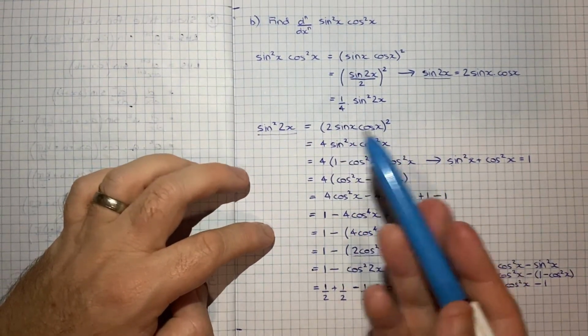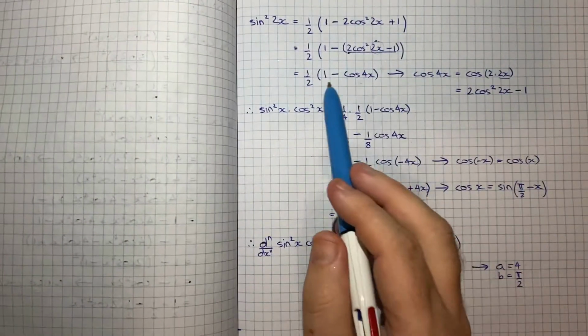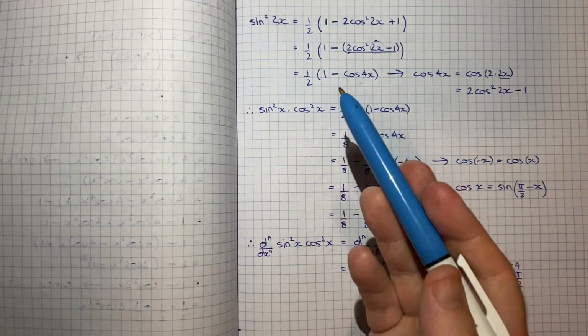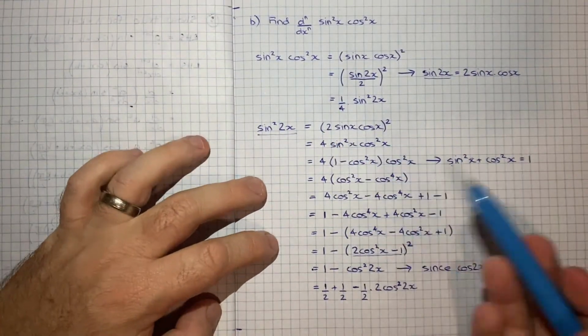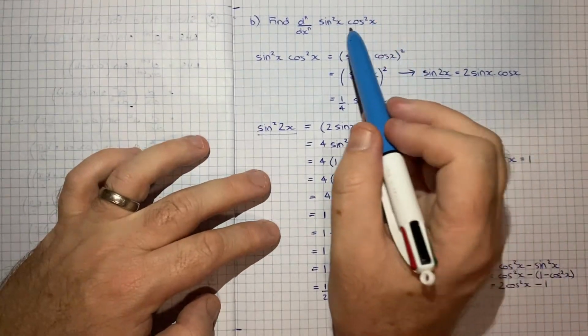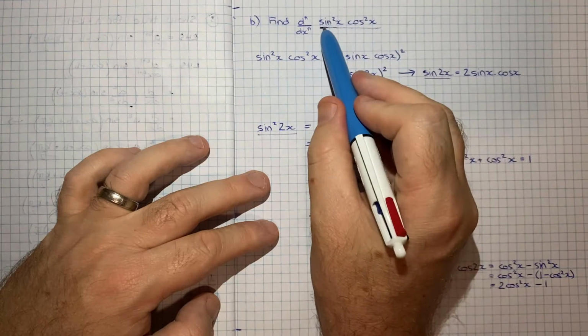Maybe it could have said something like, show that sine squared 2x is equal to a half times 1 minus cos 4x. And then perhaps having that as a preliminary step, it might have helped a lot of students know what to do, because without much guidance, it's quite hard to work out how to manipulate this sine squared x cos squared x.